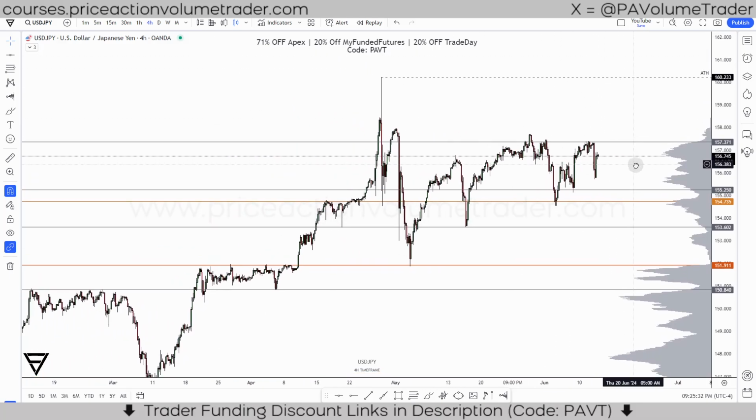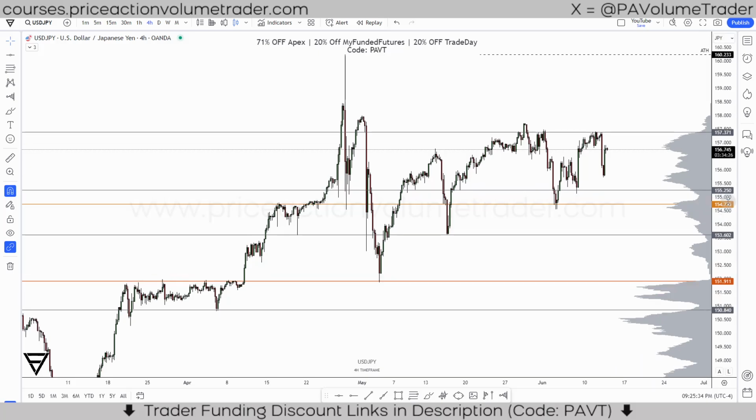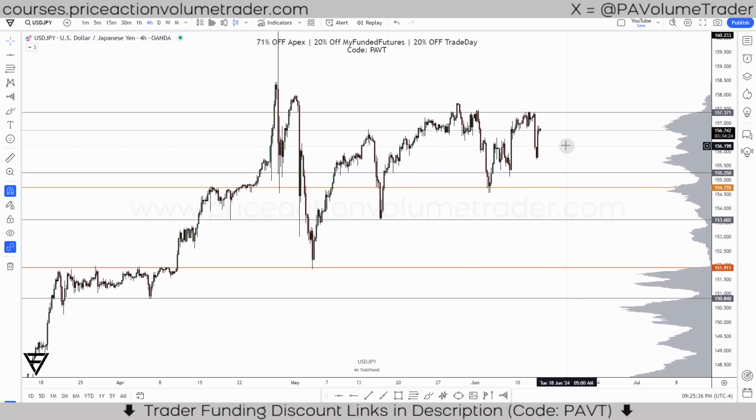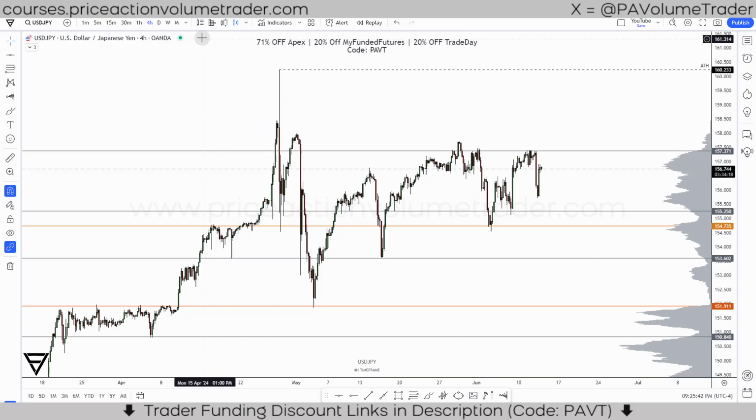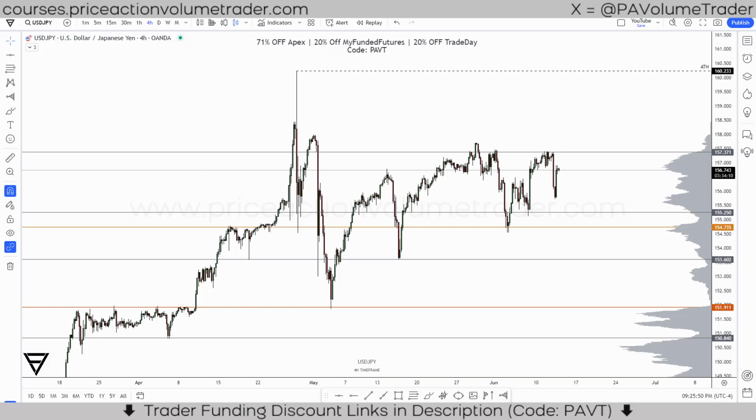I'm on the 4-hour time frame. I can do this on the hourly too, but the 4-hour I think is a good balance between the daily and the hourly. I sometimes mark them on the daily too, these zones, but then the daily gets a little bit messy. So I like to mark it just on the hourlies.